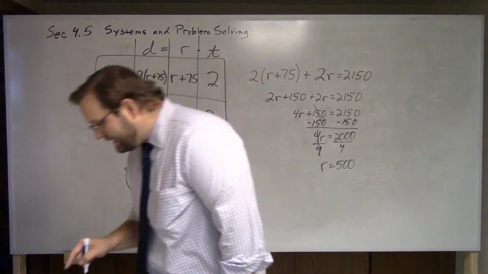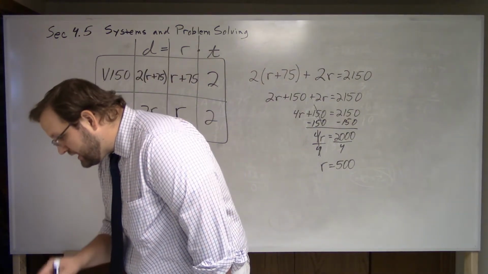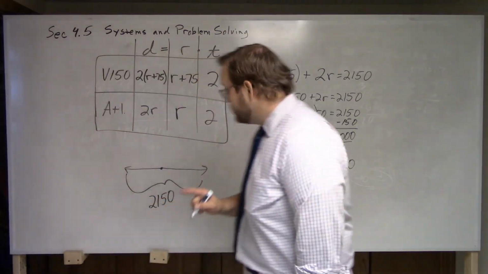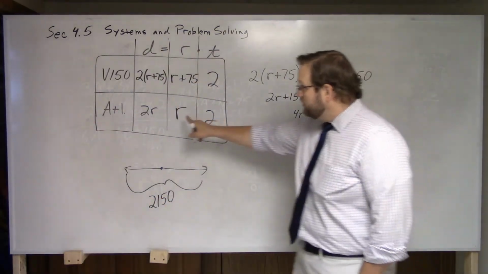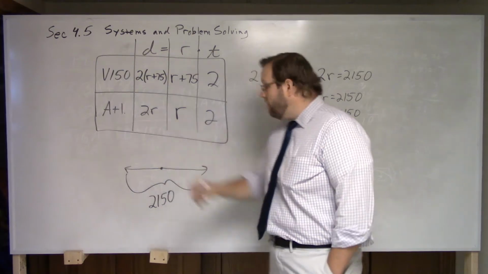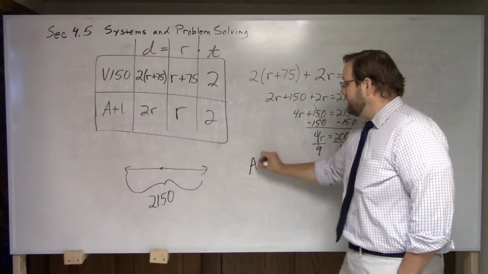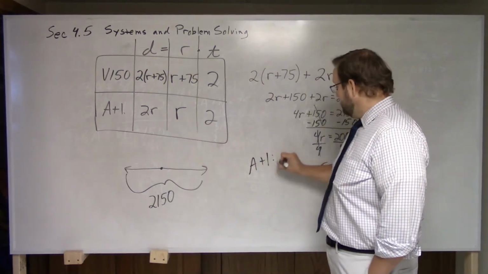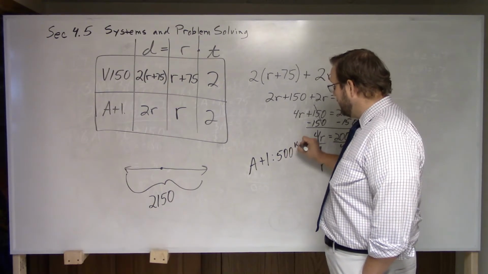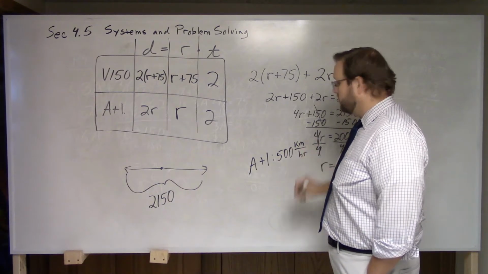And again, it said, what was the speed of each train at the very end? So that r, we paired with the Atlantique. So I know the Atlantique is 500 kilometers per hour.